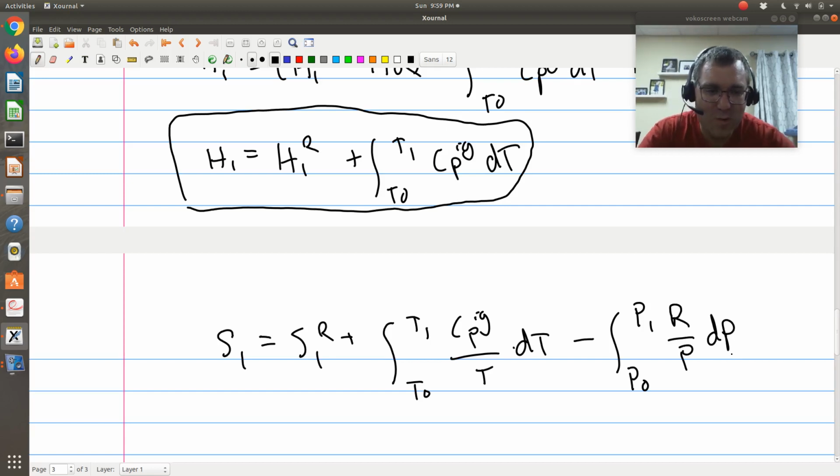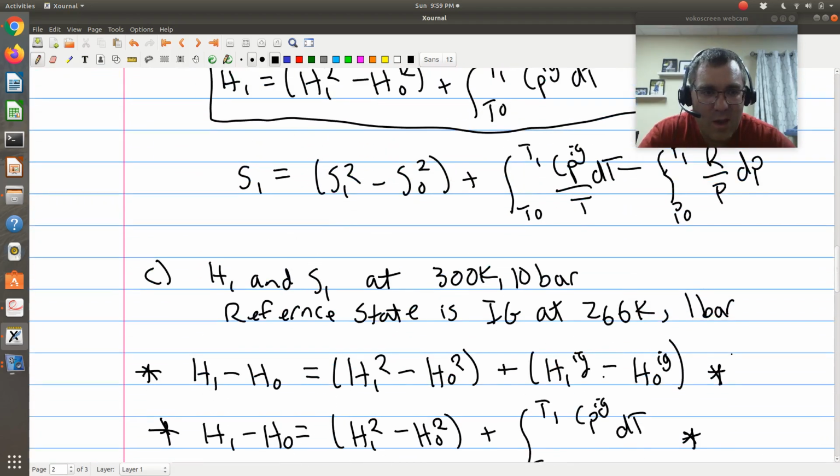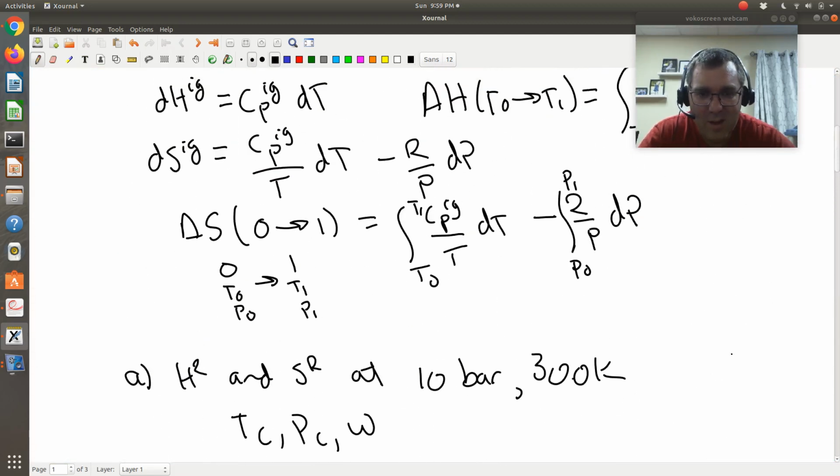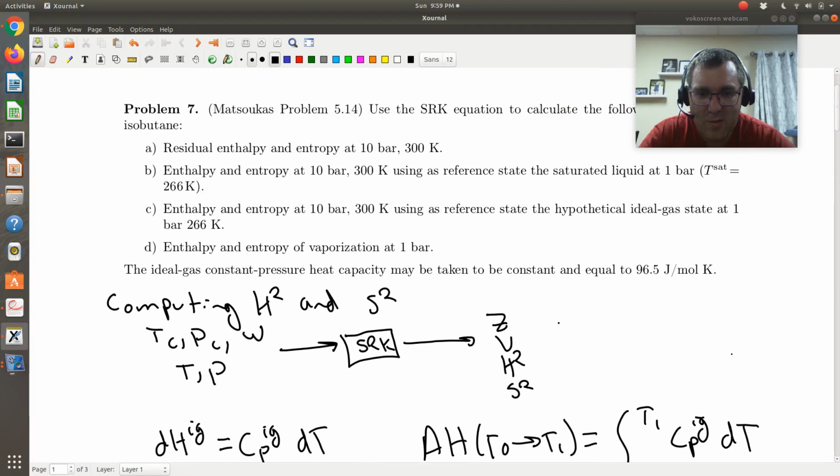Cool. So it's just a matter of playing around with our reference states. And if you find this confusing, I can tell you that in the past, plenty of students find these to be confusing, at least initially.